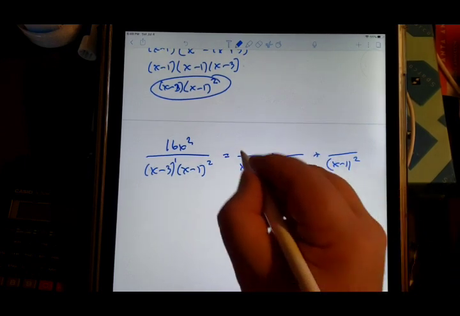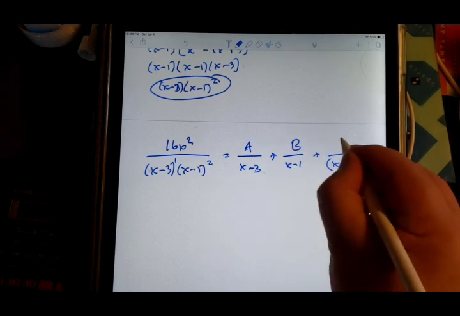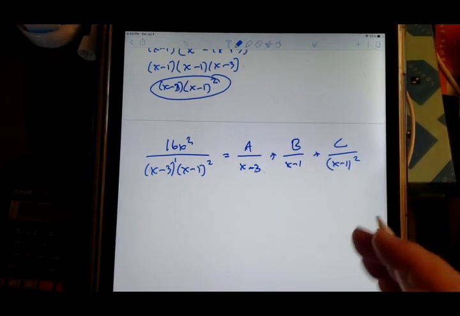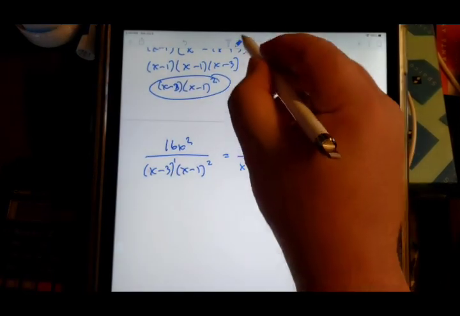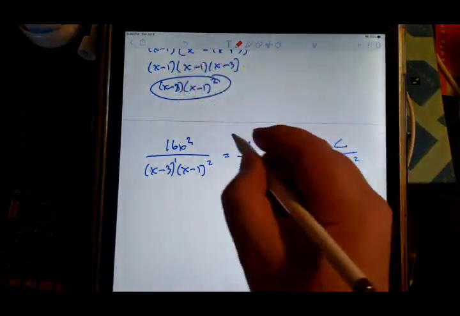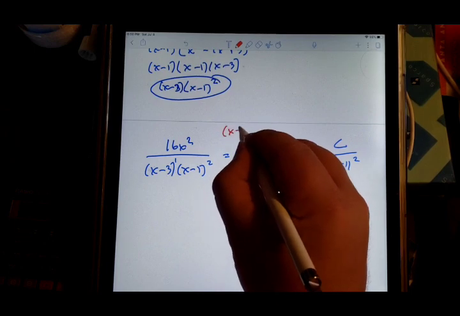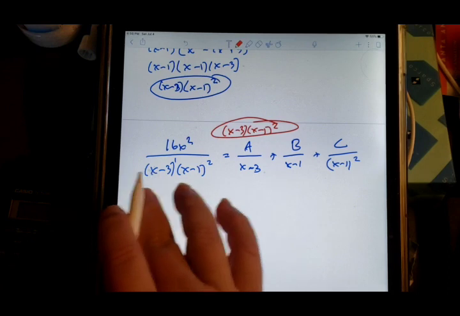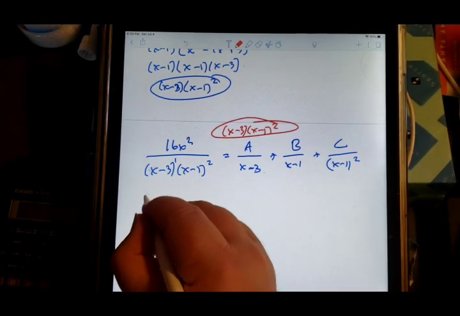And atop each of these, get a letter A, B, and C. I'm going to clear fractions by multiplying everything by x minus 3, x minus 1 squared. Everything gets multiplied by that to clear the fractions.